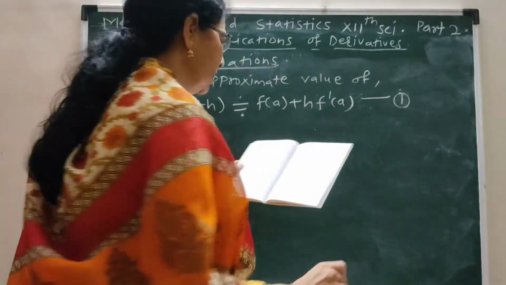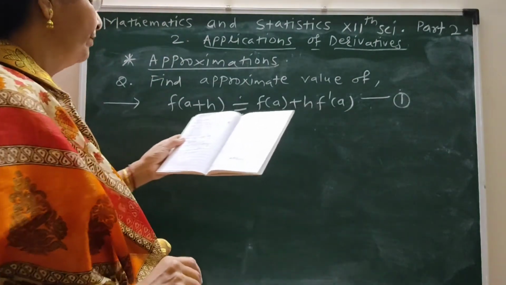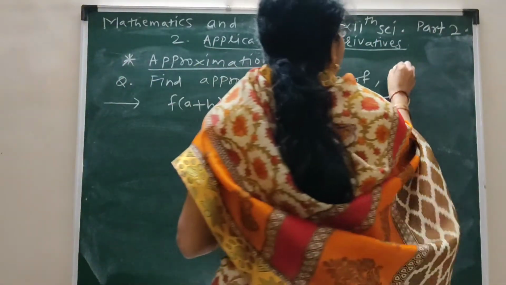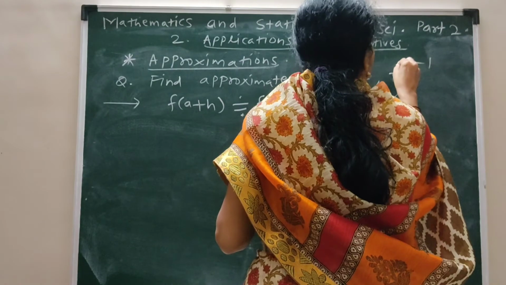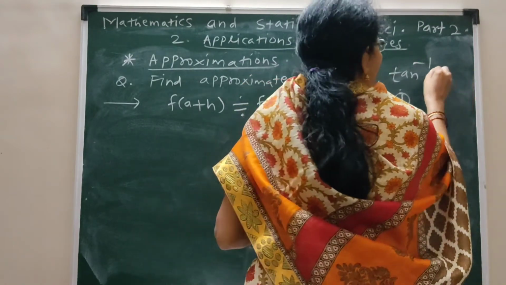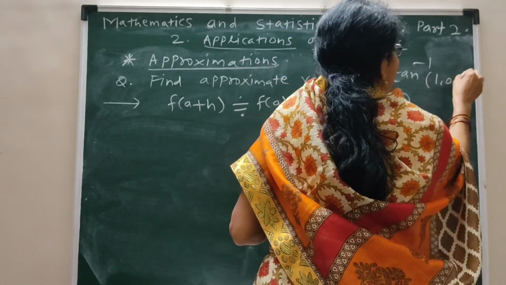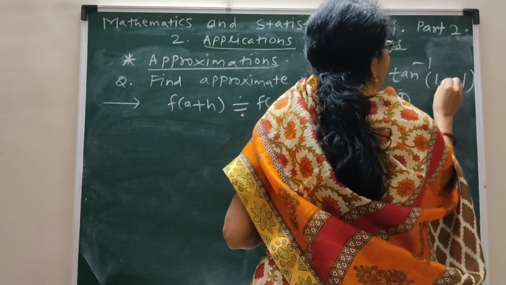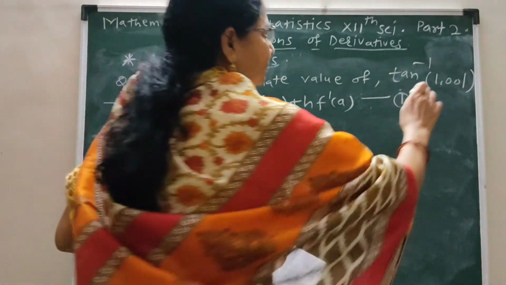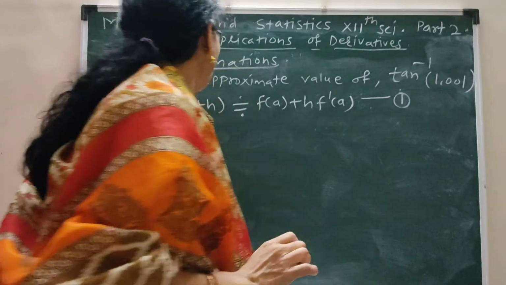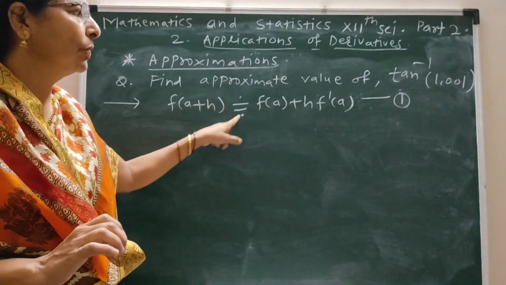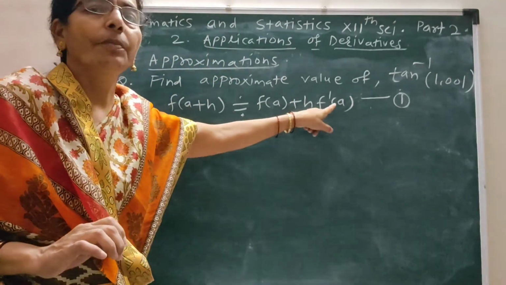Next question is: find the approximate value of tan inverse 1.001. Our formula is f of a plus h nearly equal to f of a plus h f dash of a.